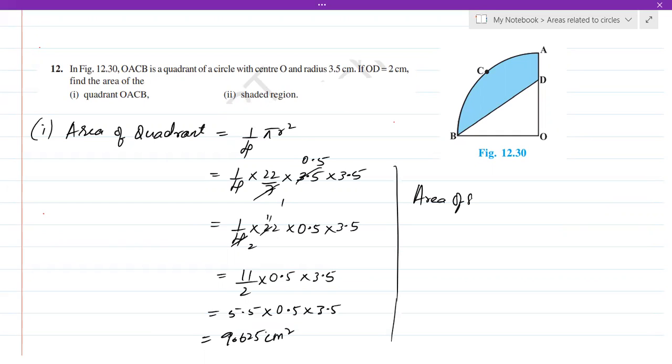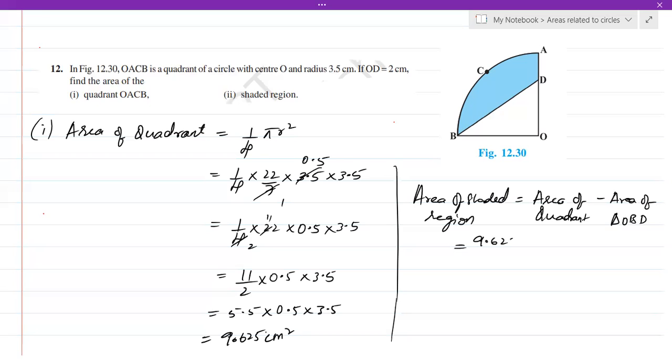Area of shaded region is actually equal to area of quadrant minus area of triangle OBD. Now area of quadrant, we have already found it as 9.625.